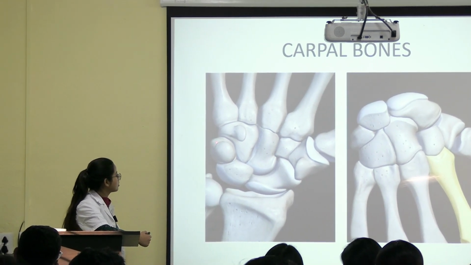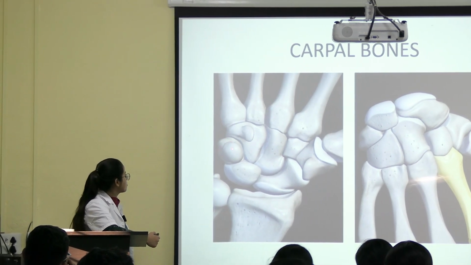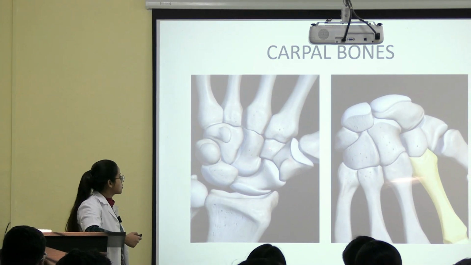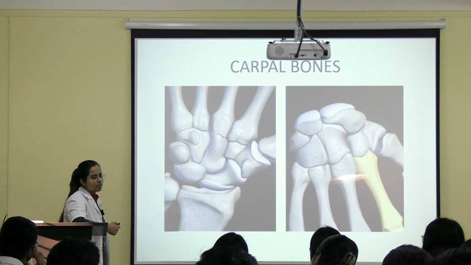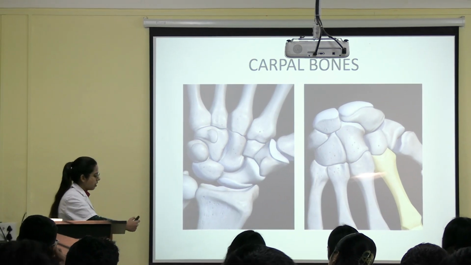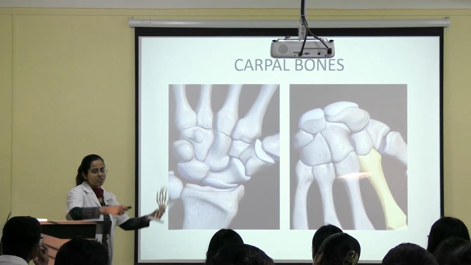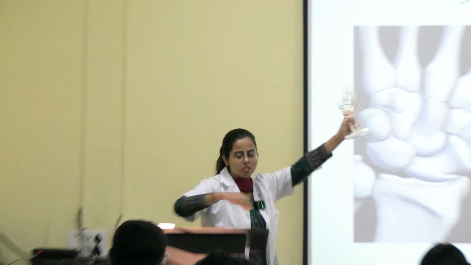Pisiform is this one. Triquetral, pisiform, trapezium, hamate. This is the palmar surface and this is the dorsal surface.